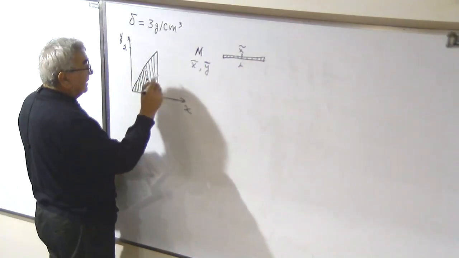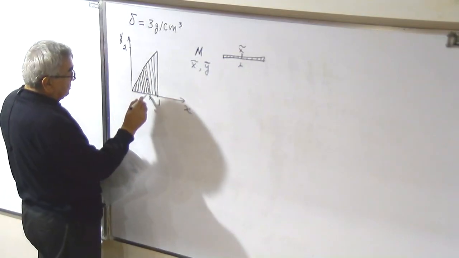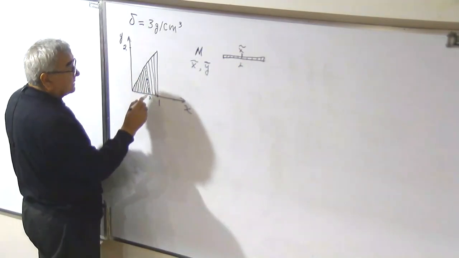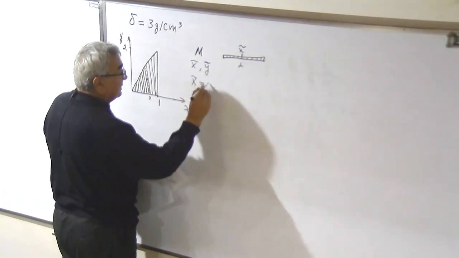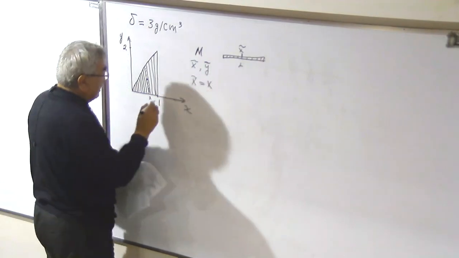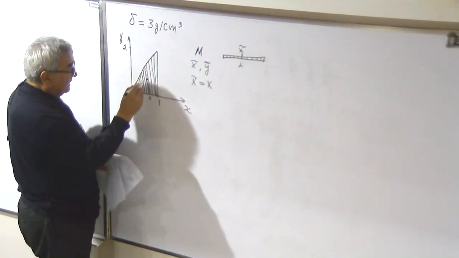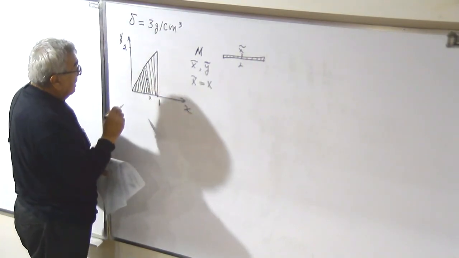I will find x tilde first. You see the coordinate of every point here is the same, x. Therefore, we write x tilde equal to x. But y tilde is this point, exactly the midpoint of this strip.